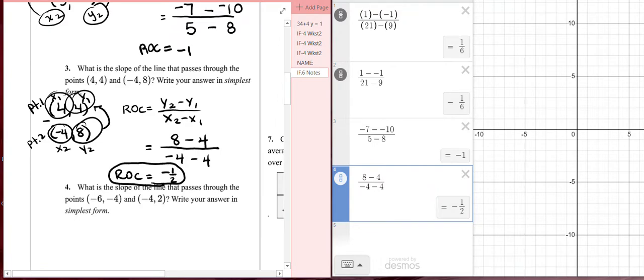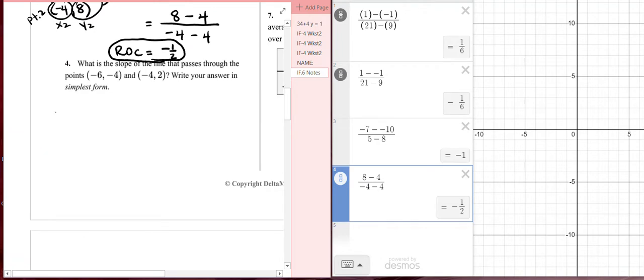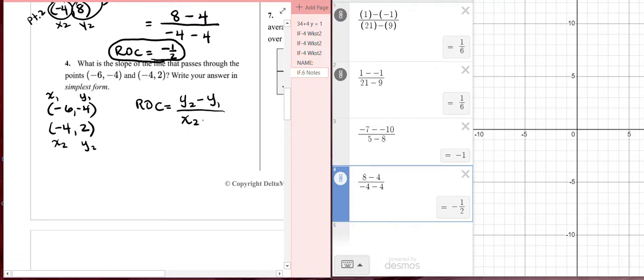Okay. What is the slope that passes through these points? It's negative 6, negative 4, and negative 4, 2. And once again, this is x1, y1, x2, y2, right? I always write the formula because when you write it over and over again, eventually it just becomes part of your permanent memory, okay?